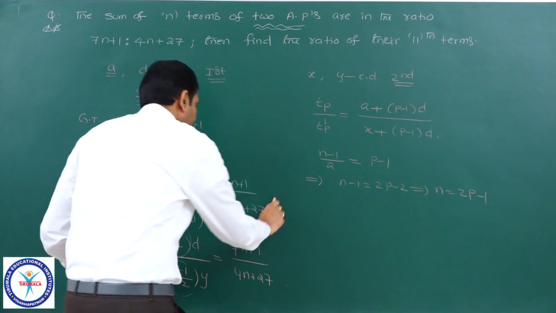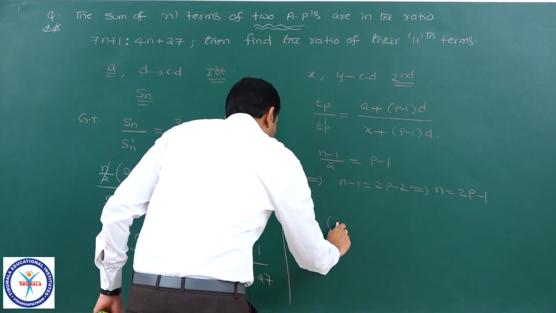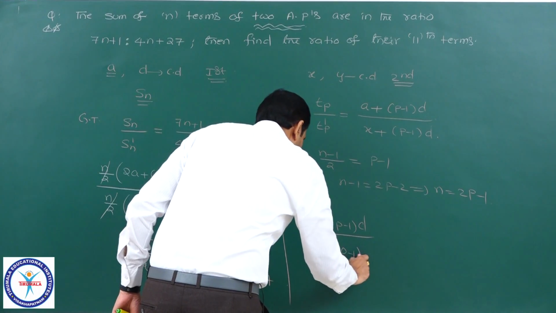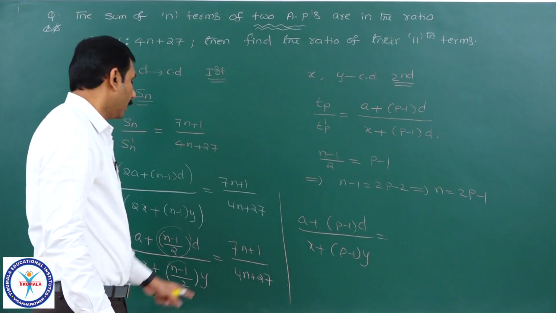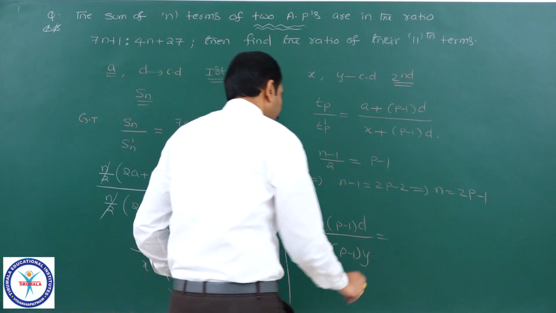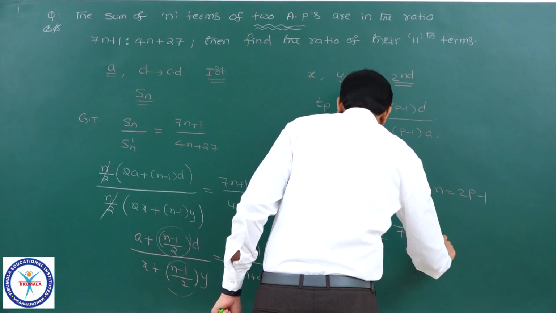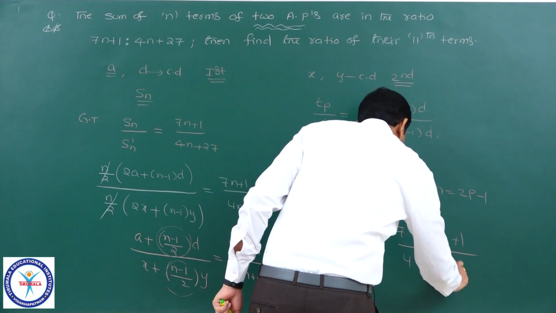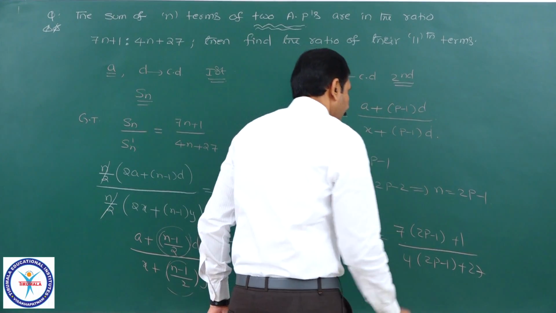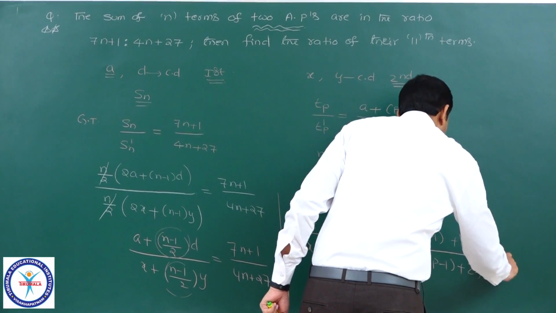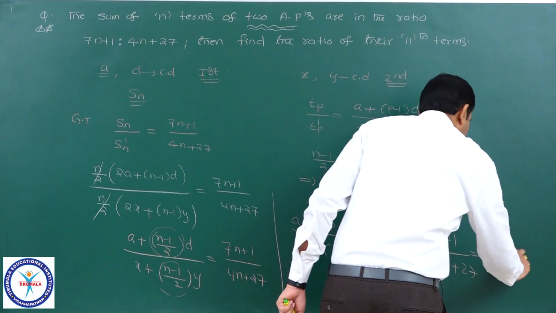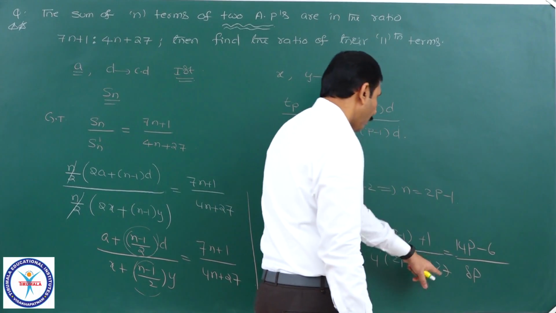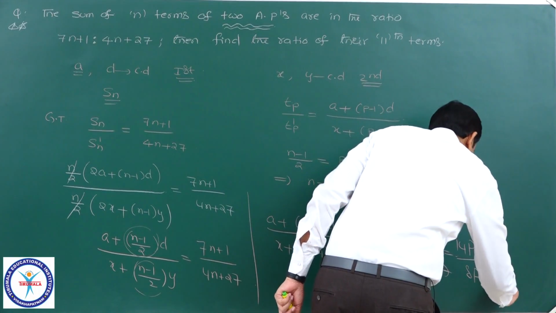Therefore, A plus (P minus 1) into D by X plus (P minus 1) into Y is equal to, replacing n by 2p minus 1, 7 into (2p minus 1) plus 1 by 4 into (2p minus 1) plus 27. It is equal to 14p minus 7 plus 1, which is 14p minus 6, by 8p minus 4 plus 27, which is 8p plus 23.